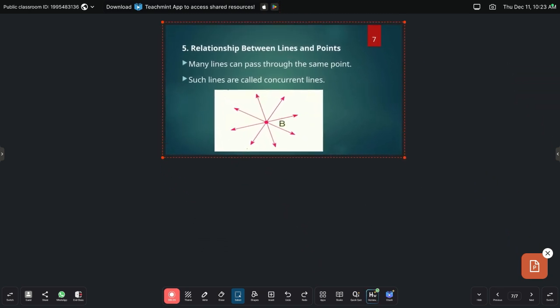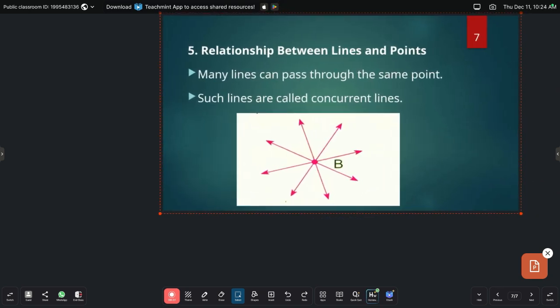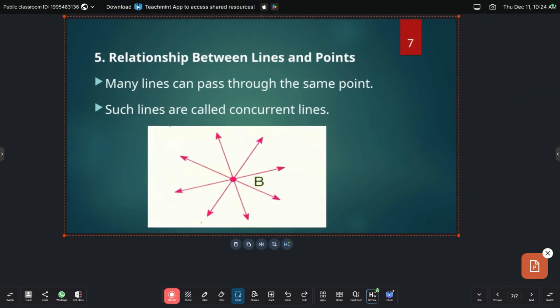Relationship between lines and points. Boys, again observe the figure carefully and see there are many lines and these many lines are passing through the same point.